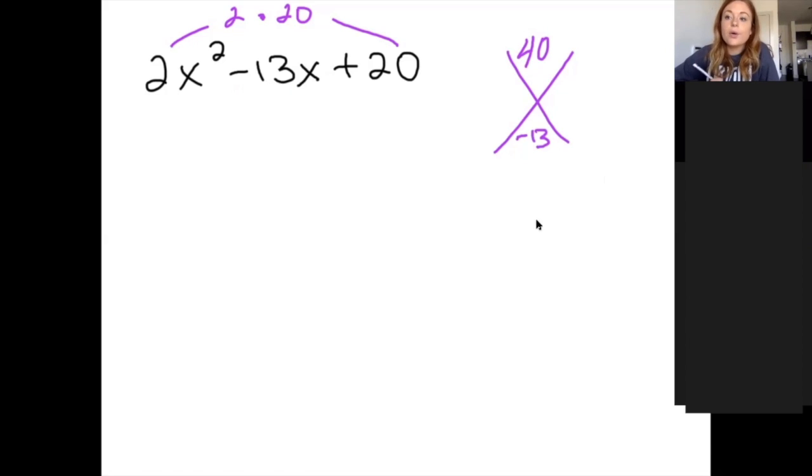Okay, so now we want to find the things that multiply to be our top number, and then because our top number is positive, they're going to add to be the bottom number. Okay, so let's figure those out. So let's break apart 40. So we have 1 and 40, 2 and 20.